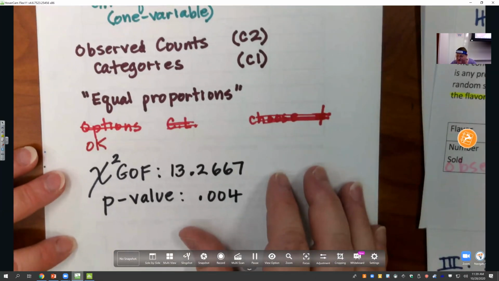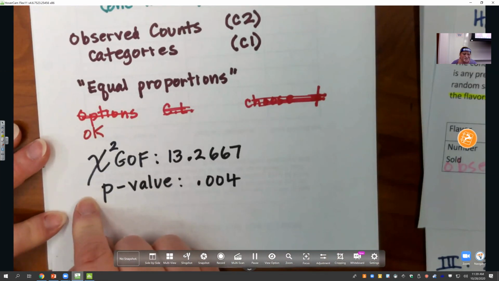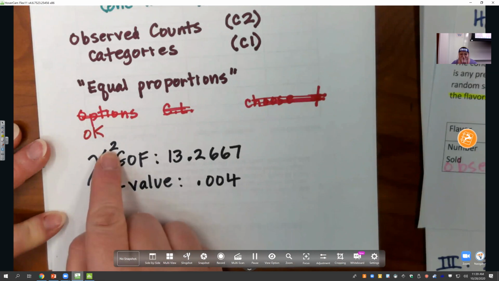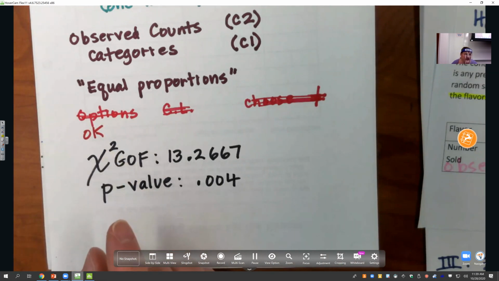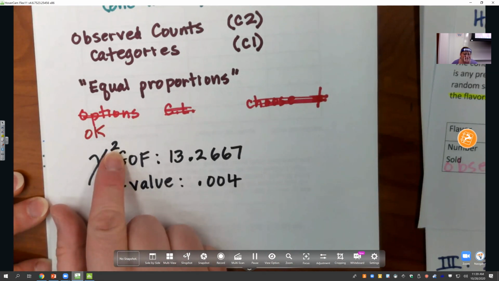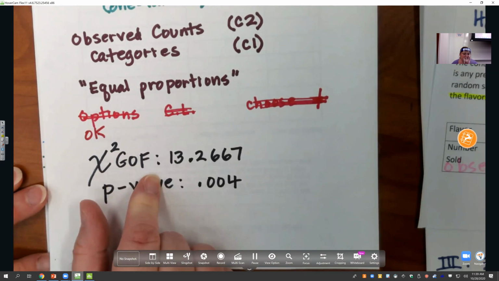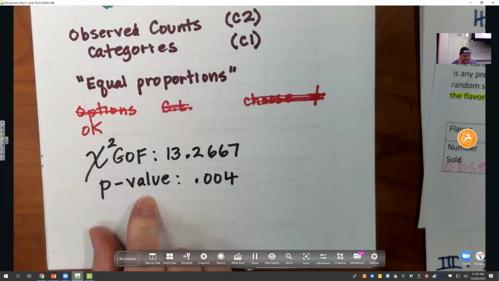Your symbol for chi-square is the Greek letter chi. It looks like a fancy X with an exponent of 2 to show that it's squared. Chi-square, Greek letter chi looks like a fancy X, exponent of 2, and then we use GOF for goodness of fit. Okay, so we have our numbers.